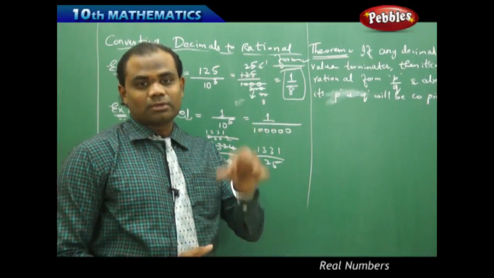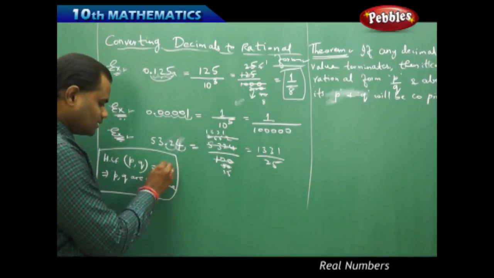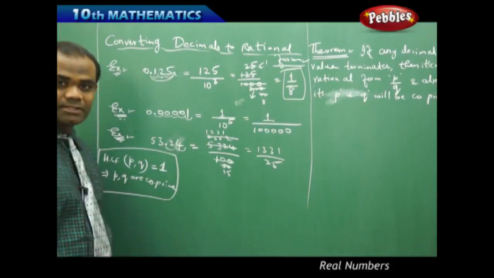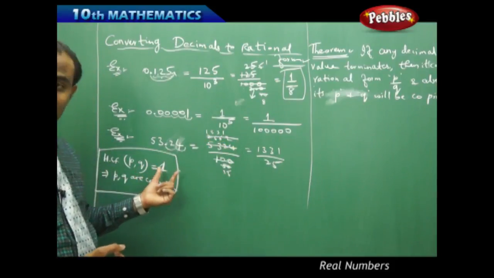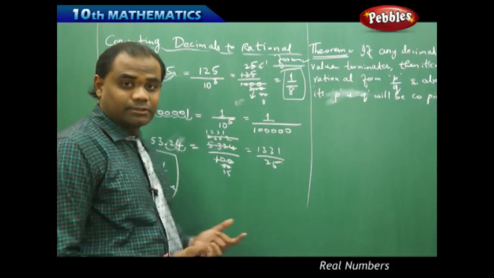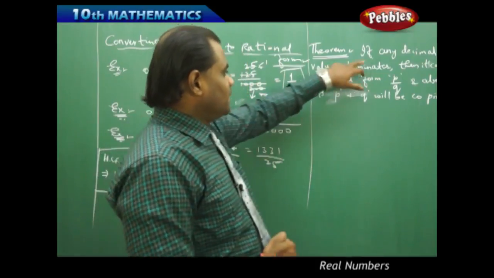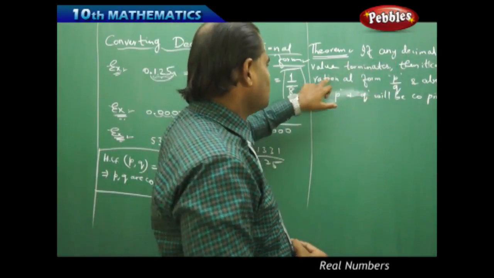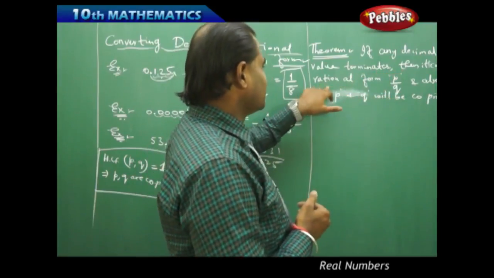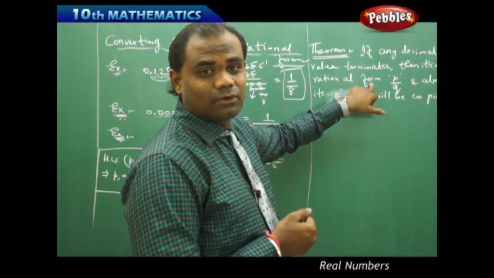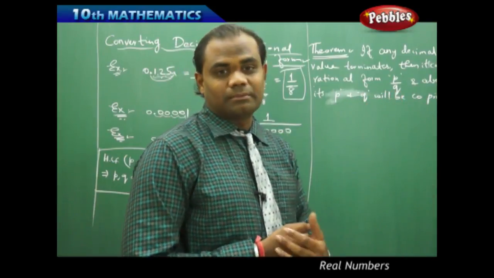When I want to test whether two numbers are coprime, I just find the HCF of those two numbers, which was already discussed in the previous session, and if I get the HCF to be 1, then the two numbers are said to be coprime to each other. So my statement here says that if any decimal value terminates with limited decimal values, then it can be expressed in rational form P by Q, and also its P and Q will be coprimes.